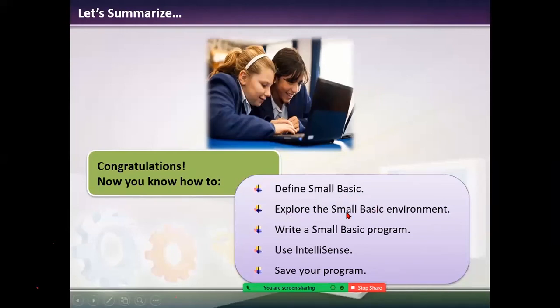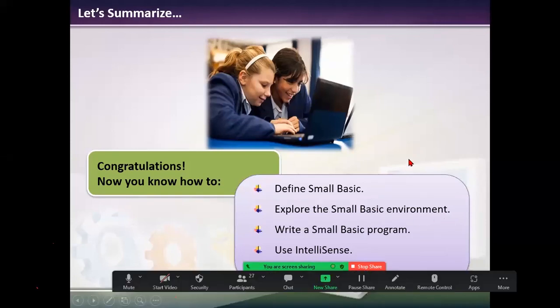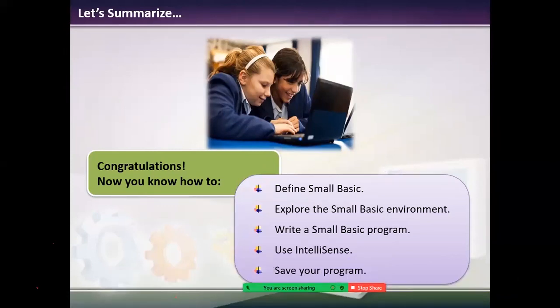What are the three parts in the small basic environment? So this is called the editor. So editor, toolbar, and the help window. Those are the three main parts. And there is another technology called IntelliSense, suggesting the commands.